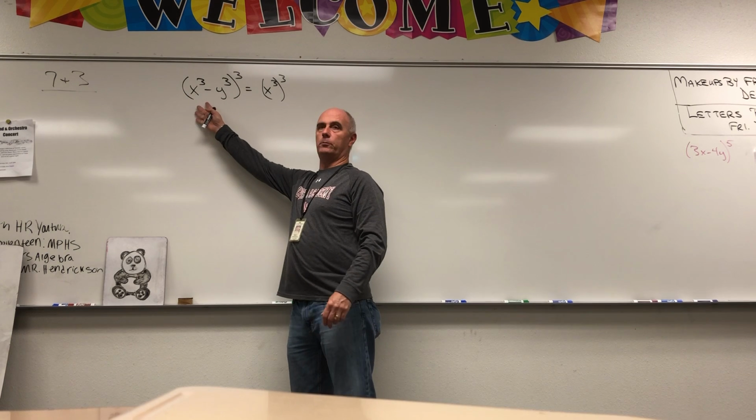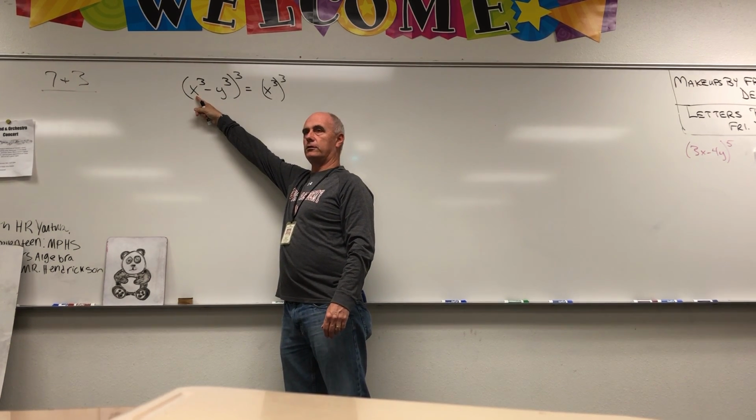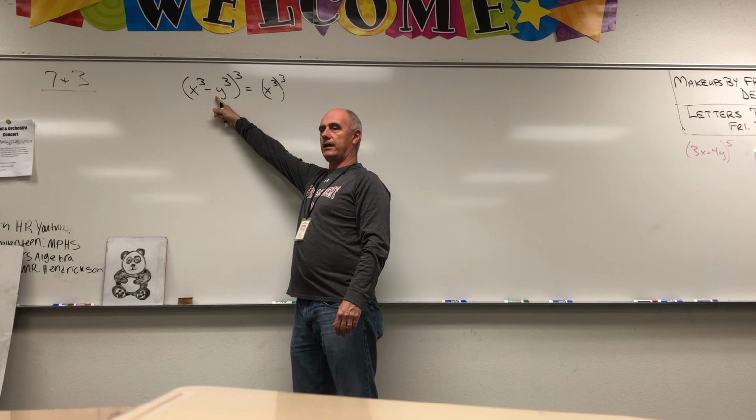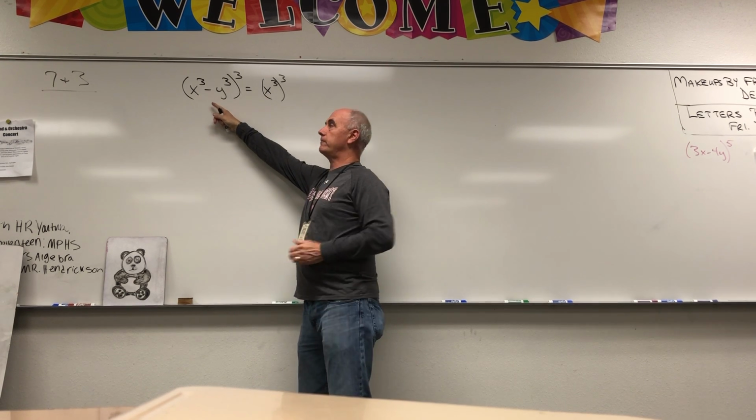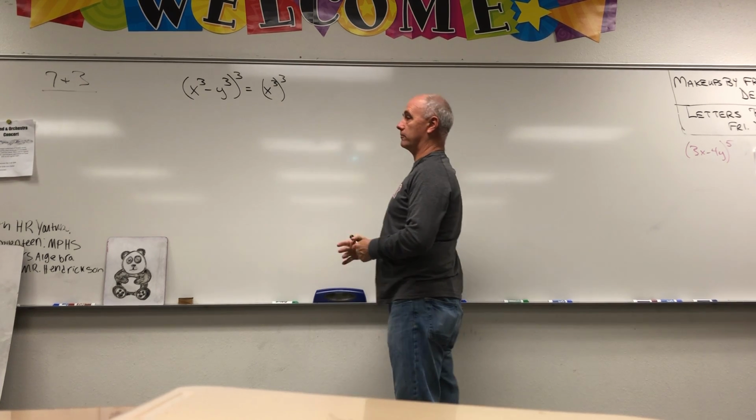I'm talking about in the original binomial. So the first term is x to the third, the second is negative y to the third. Okie dokie. So is that it for our first term? Yes, it is.